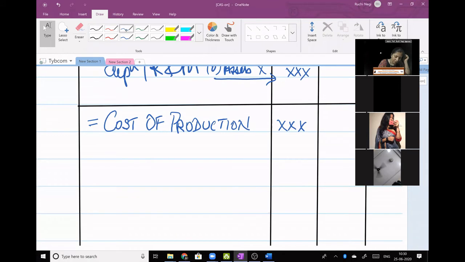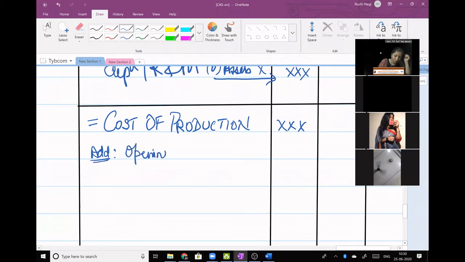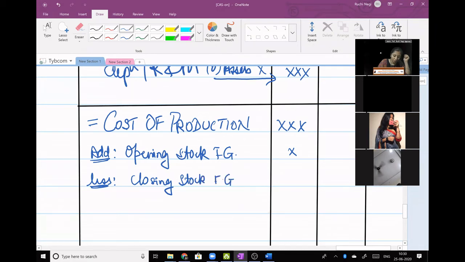After that, one more stock is left. Add opening stock of finished goods. Less closing stock of finished goods.